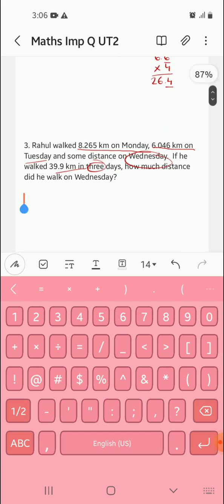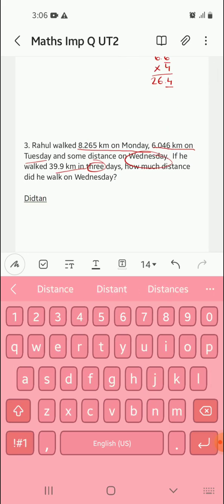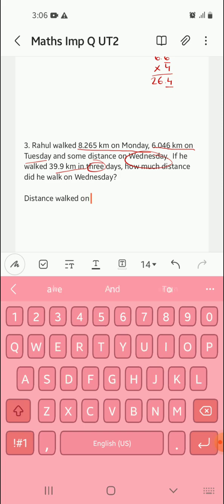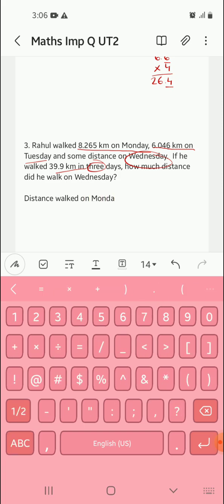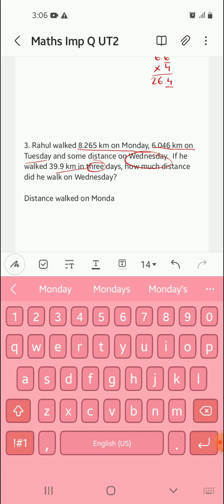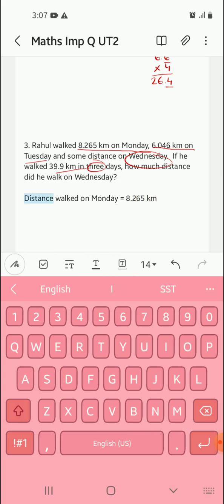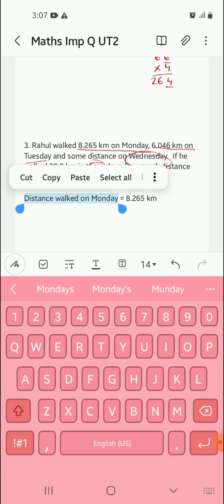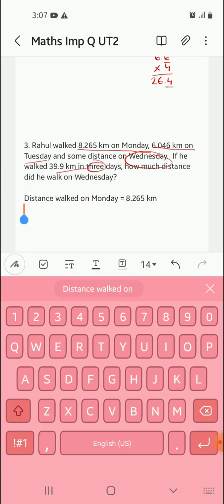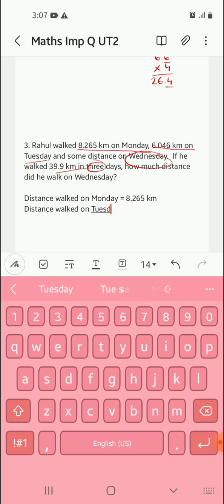Now we're going to write the statement: distance walked on Monday is equal to 8.265 kilometer. Next is distance walked on Tuesday is equal to 6.046 kilometer.